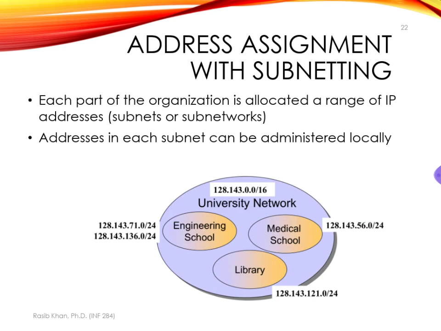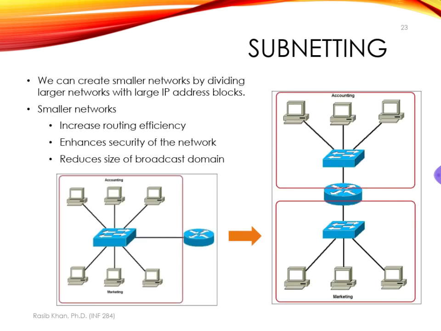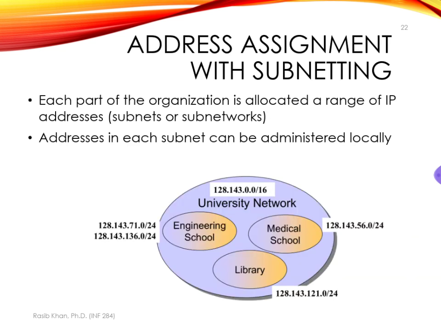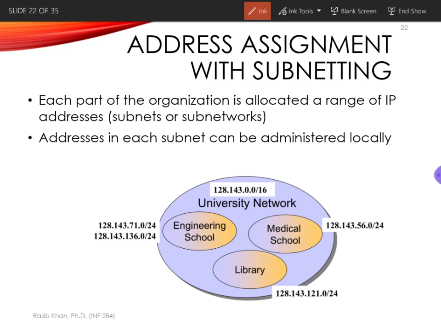So we will see how we can create this subnet. Each part of the organization, what happens in subnetting, is allocated a certain smaller range of the IP addresses, and this smaller range is defined as the subnet. So in this simple example, let's say the university network is 128.143.0.0/16.